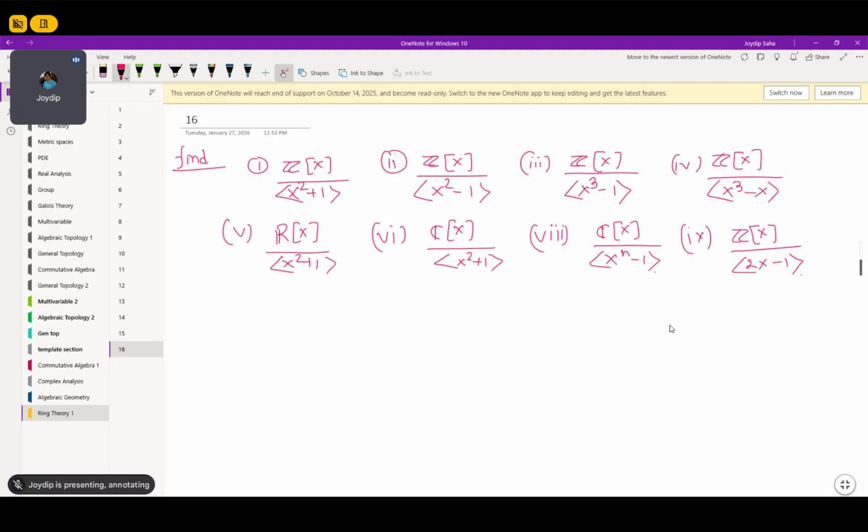We have to find an isomorphic ring of this. Can you try this? I think 8. There are 8 questions. 7. This is 7 marks, 7, and that is 8.